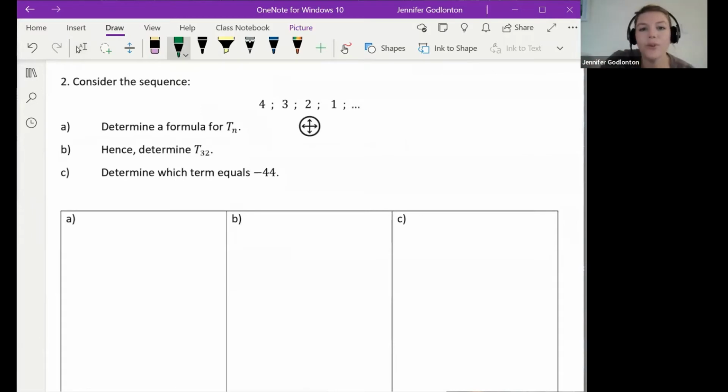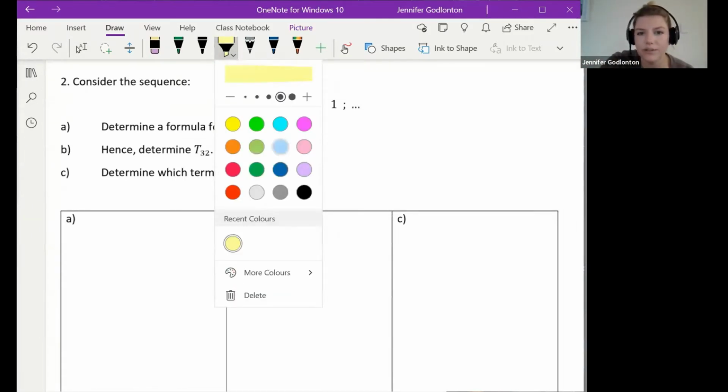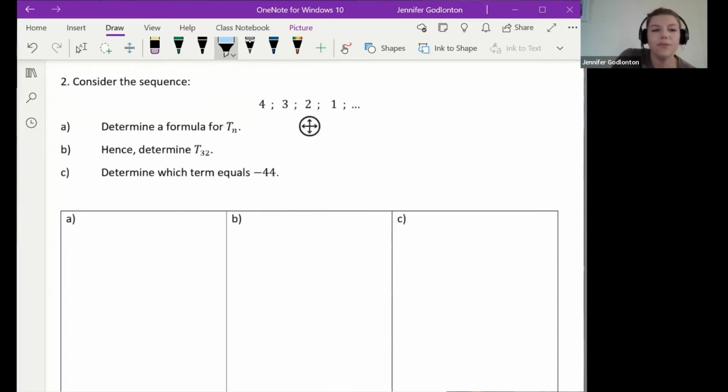The first thing that I want everyone to focus on, if you're feeling great, you're welcome to work through all of these immediately, is just A. Look at this formula that I've got up here. Think about what we've just done for the last two formulas, and write out our TN formula for the sequence 4, 3, 2, 1.